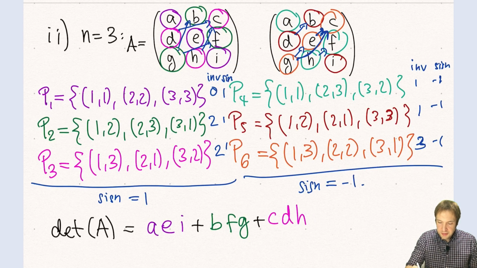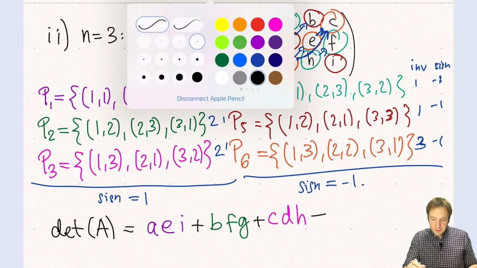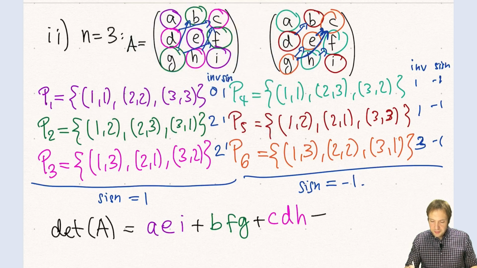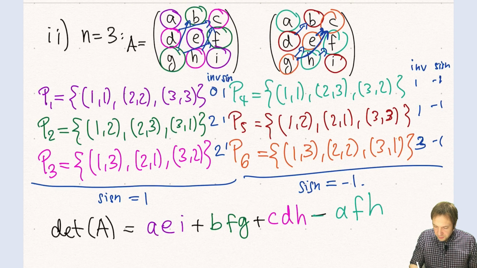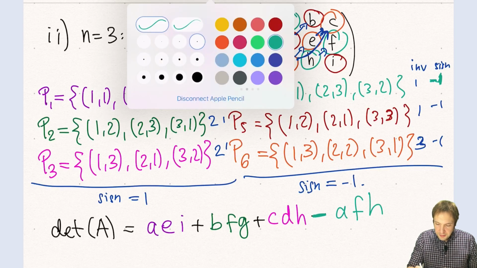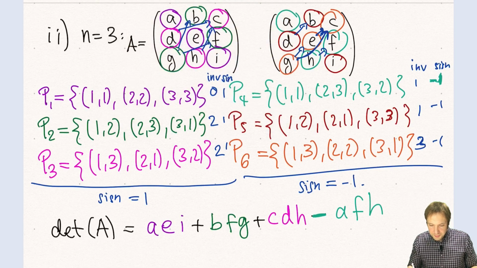And now I take the one with a negative sign, so I need to take minus. And now I get the green one, which is A, F, H. So maybe I should also do this, because this minus sign is really the sigma here, so the sign. And which color is this one? This.